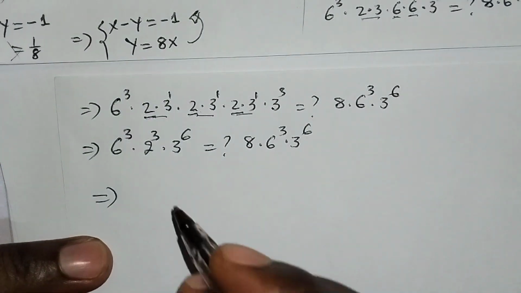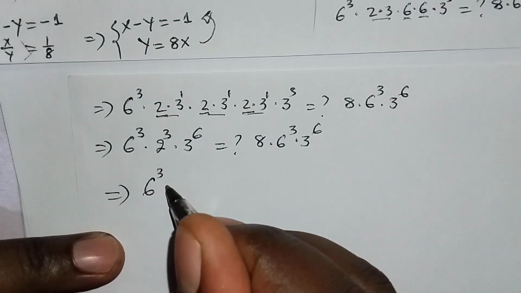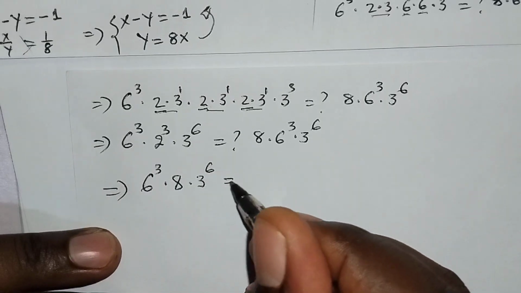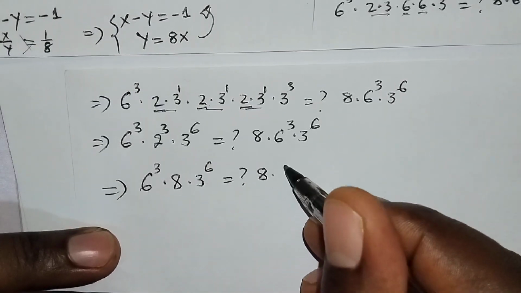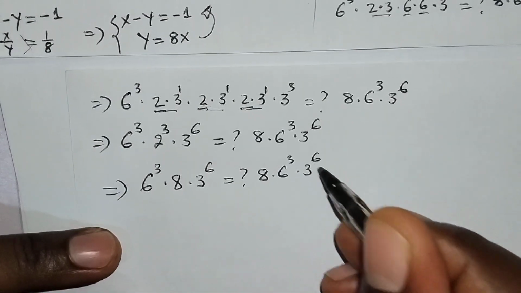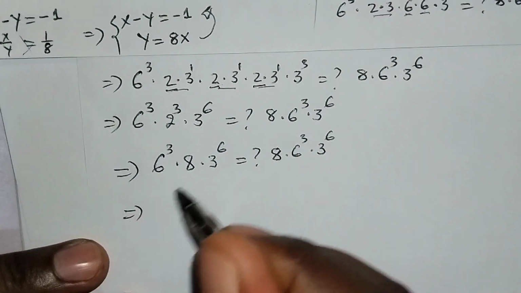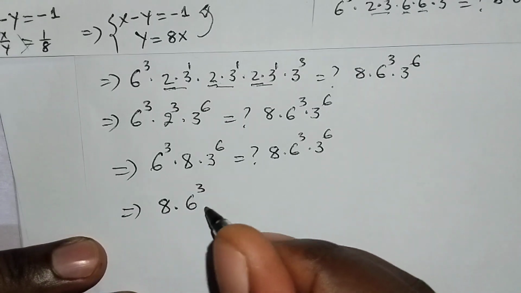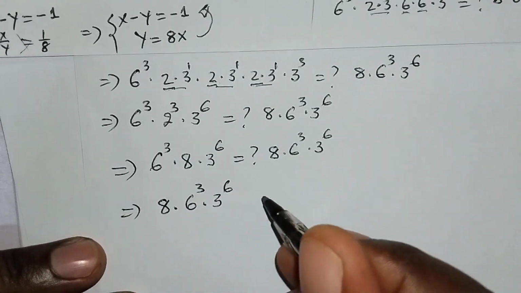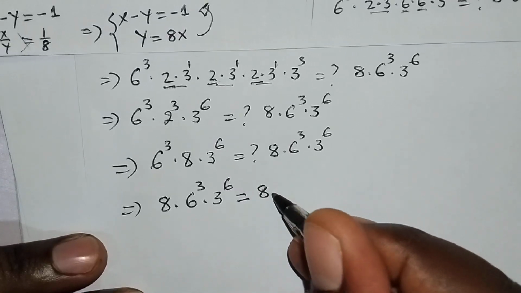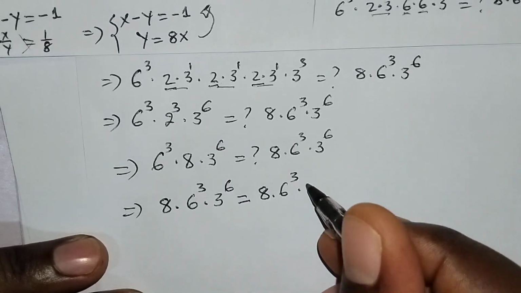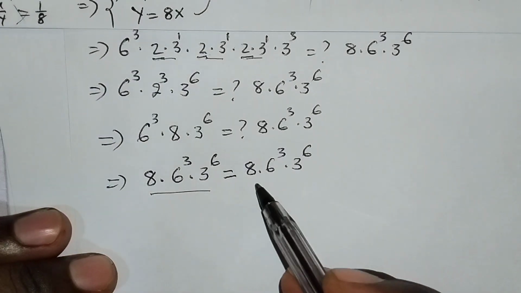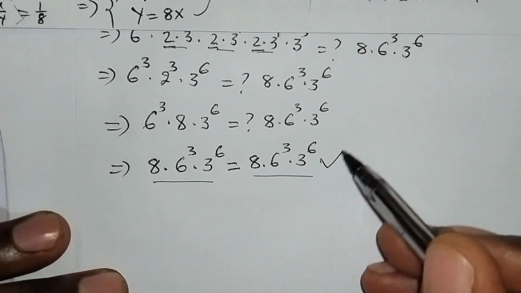It is 6 power 3 times 2 power 3, which is 8, times 3 power 6. So from this, 8 times 6 power 3 times 3 power 6 is equal to 8 times 6 power 3 times 3 power 6. So the left hand side is equal to the right hand side.